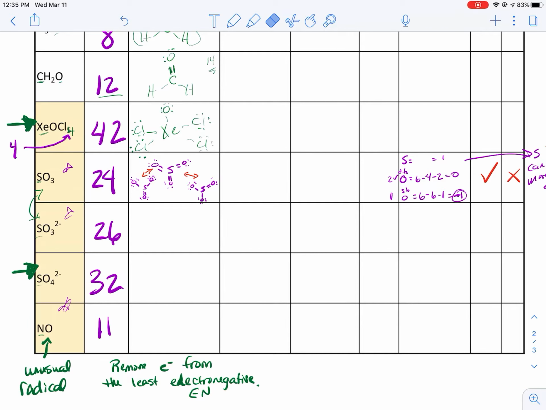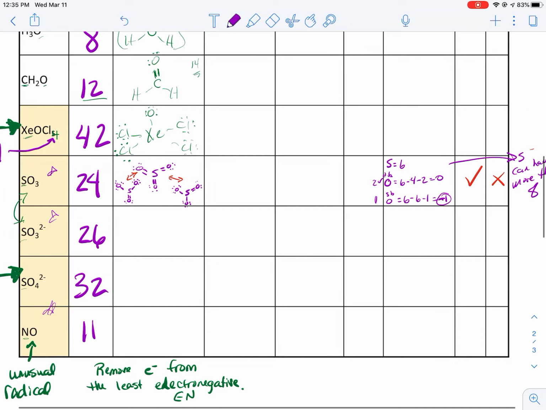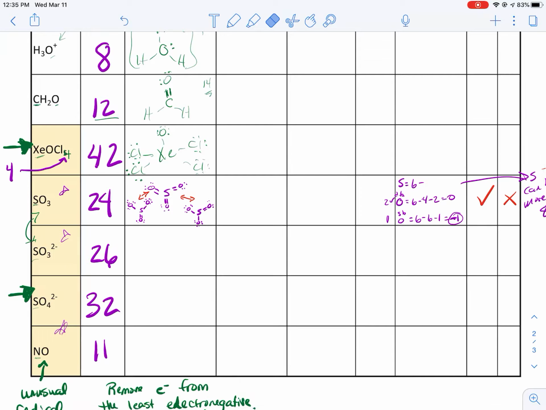Our sulfur is now 6 minus 6 bonds, and I don't have any lone pairs around him. That gives us 0. Notice I don't have any single bonds at all. Now I only have my double bonds, and I have 3 of them. That guy is so much of a better formal charge structure.